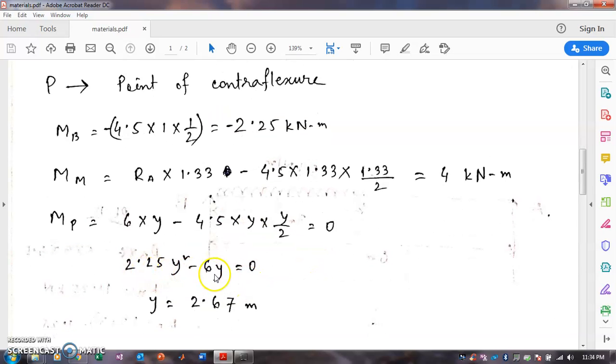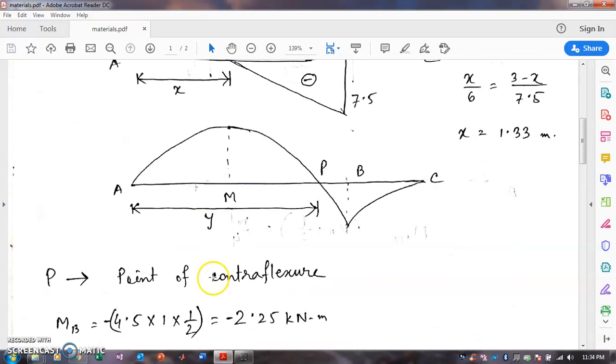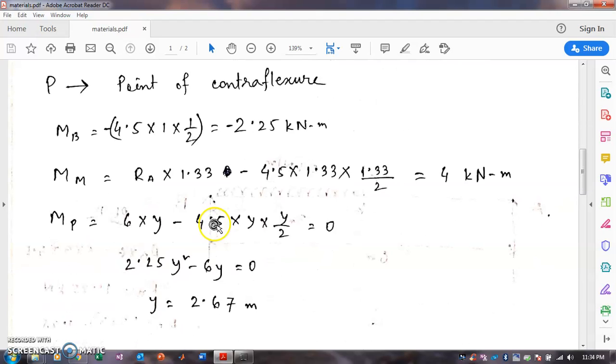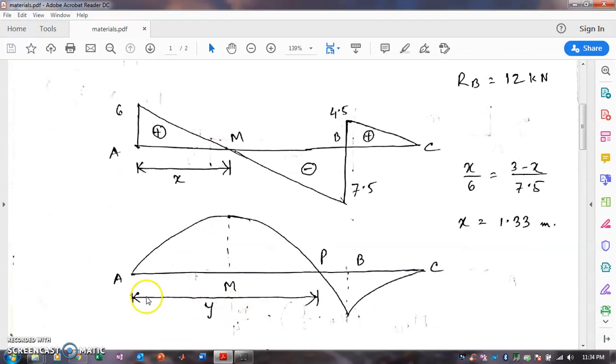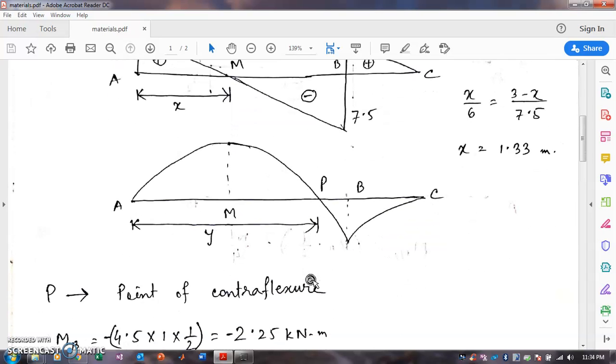It's a second order equation, so we can get two values of y. One is y equals 2.67 and the other is y equals 0. So y equals 0 means here also the value of bending moment is 0, and y equals 2.67 meter is the distance of the point of contraflexure from A.